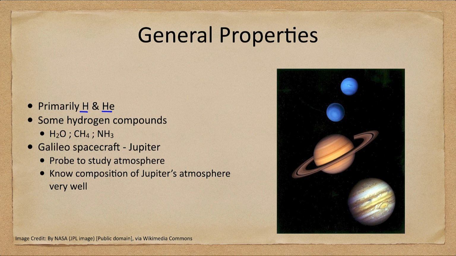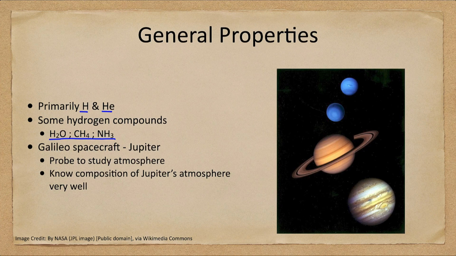While we've concentrated on other materials, especially in the inner solar system, most things like the sun and the outer planets and most of the rest of the universe are also composed of hydrogen and helium. Also, many of the hydrogen compounds, note that each of these contains hydrogen as well as other elements such as oxygen, carbon, and nitrogen.